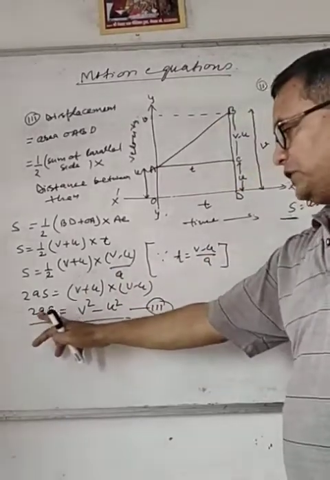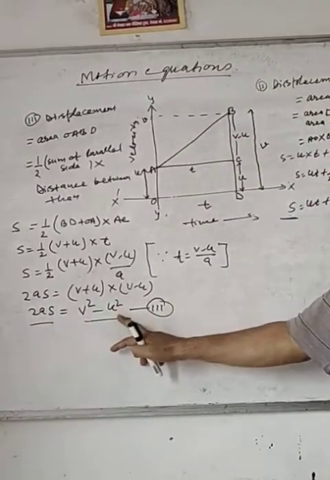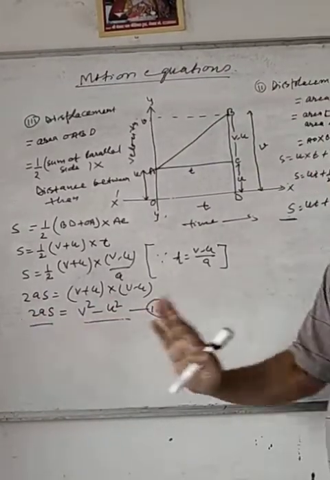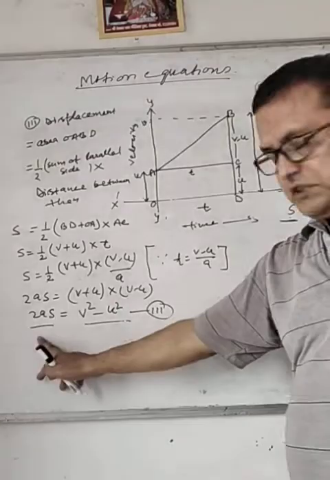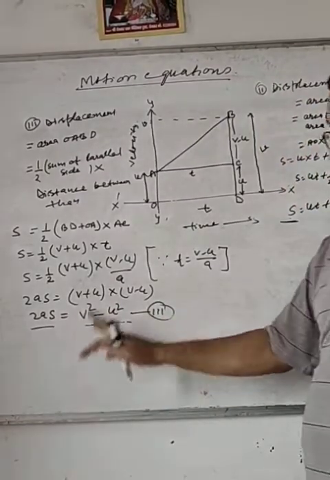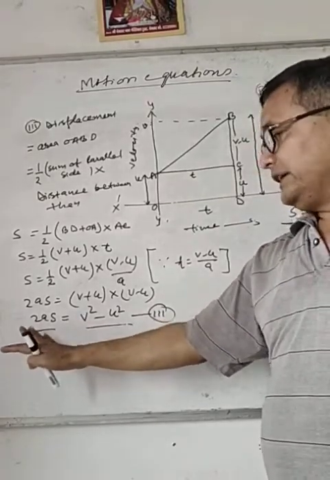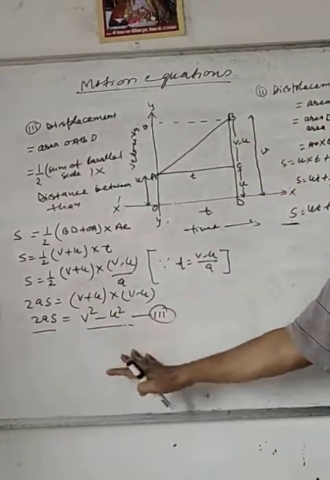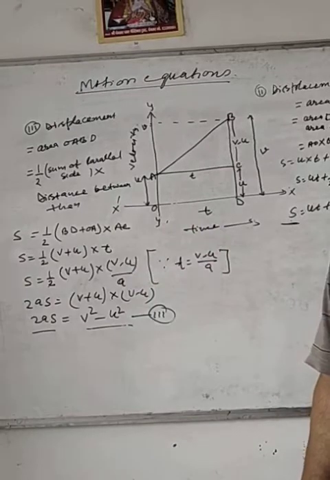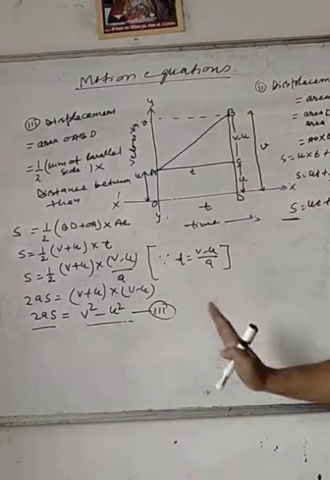And this equation 2AS equal to V square minus U square gives the relationship between position and velocity. It is also known as the displacement and velocity relationship. Okay, clear?